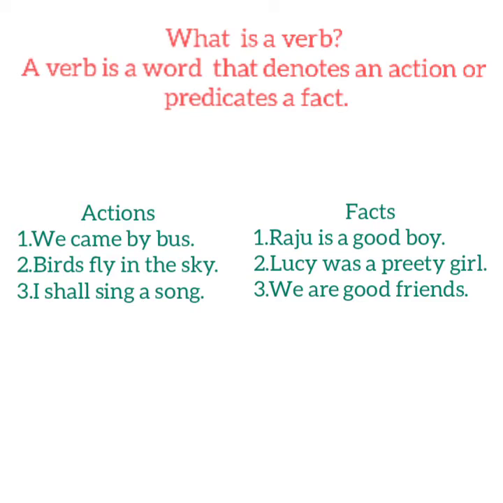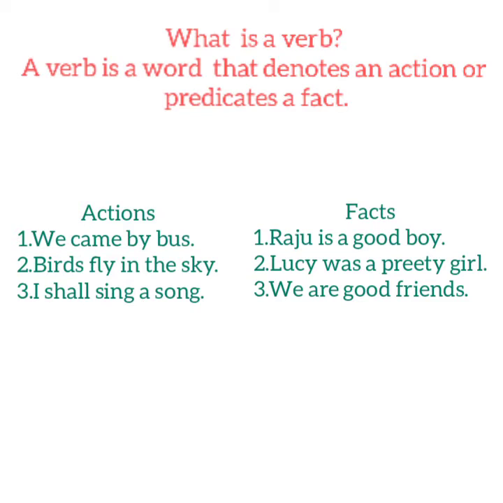Number 1, Raju is a good boy. Raju is not doing any action, but we are simply giving a statement about Raju, or a fact about Raju, that he is a good boy. In this sentence, is is the verb. Number 2, Lucy was a pretty girl.